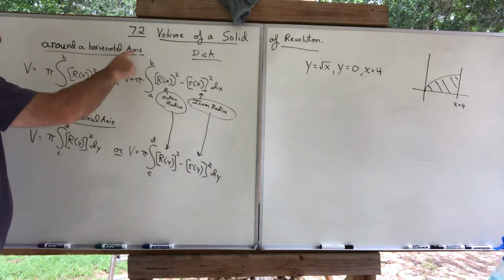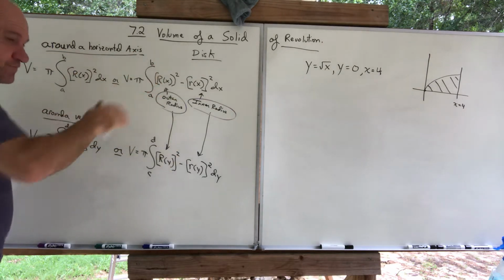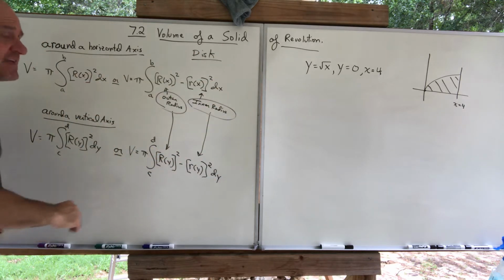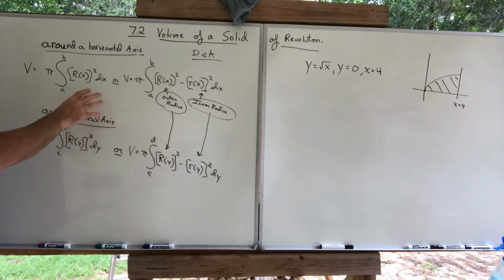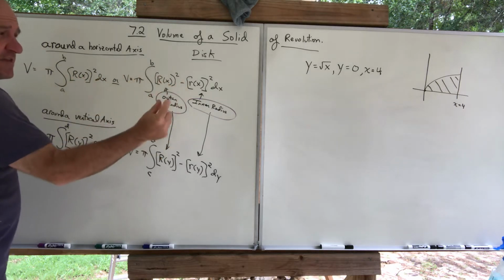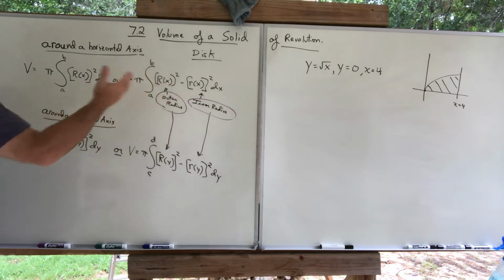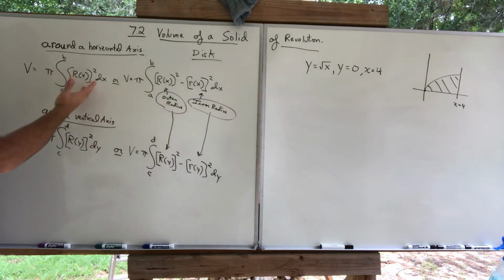But if your region is going around a horizontal axis, which I did in the last video, then this is your formula. You're working in x's. The thickness of your disk is dx, so you're working in x's, and you have this formula.